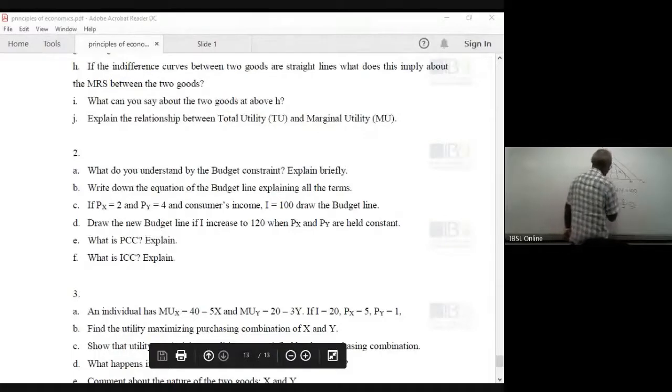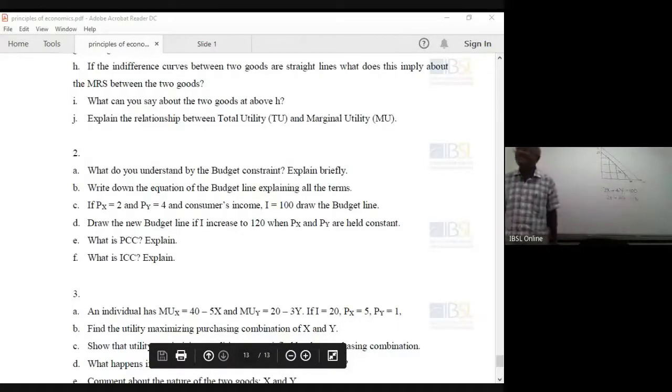New budget line is 2x plus 4y equals 120 this time. Now, the budget line is here.